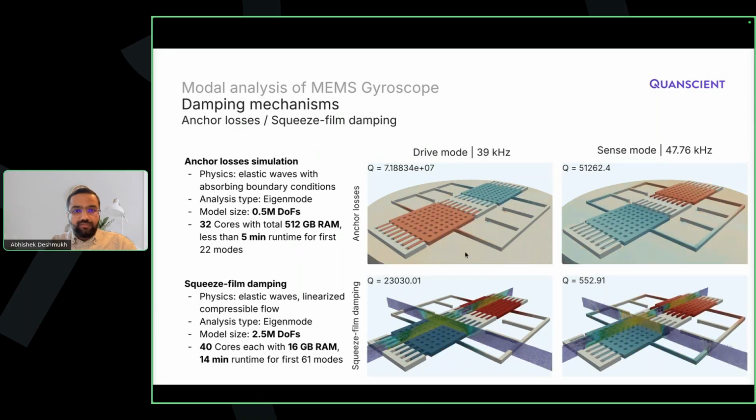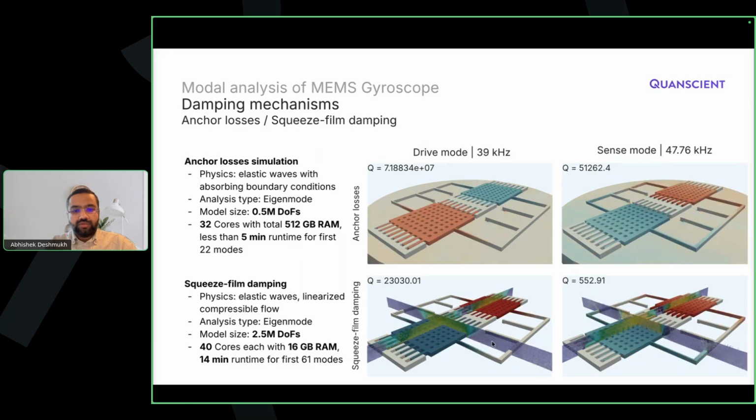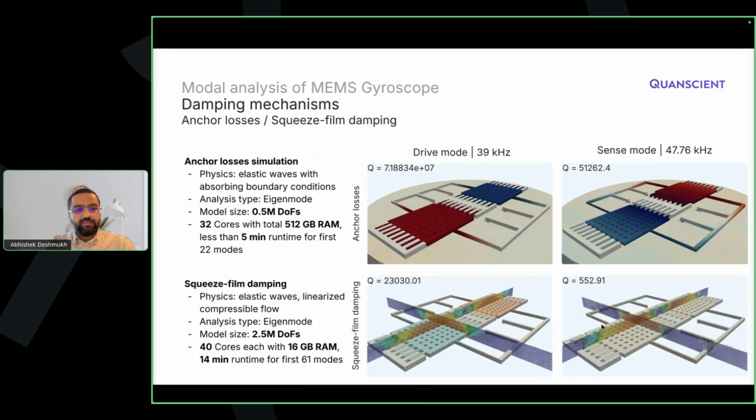And what I want to highlight here, these are now simulated individually, so they are not interacting with each other. So once with only anchor losses, these are the simulations only with the squeeze film damping, so that you can study the impact of each mechanism individually, and try to extract important parameters from these simulations.